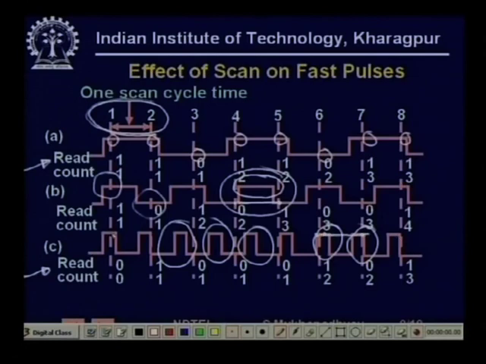So, in this case the pulse count will be severely wrong. It will assume that it has continued here and then it is continuing here, and then at this point it rises. So, the count will be a small fraction of the real speed and we are going to be totally out.